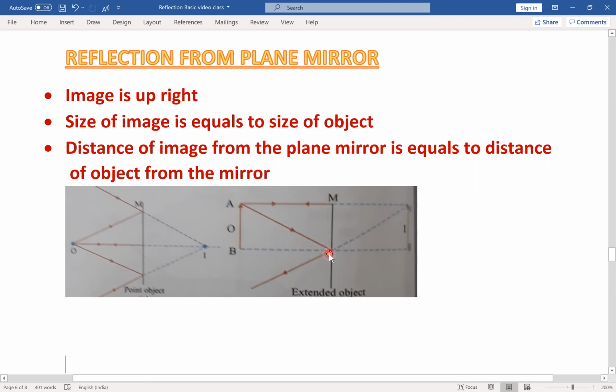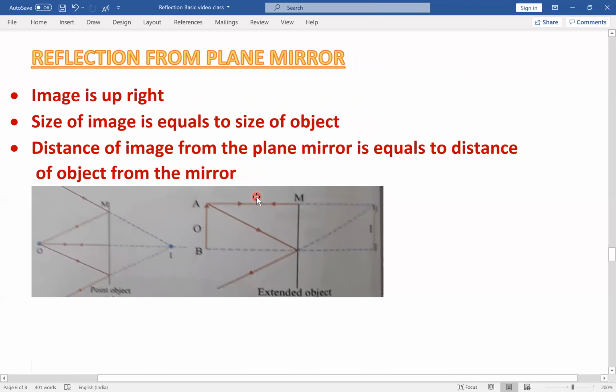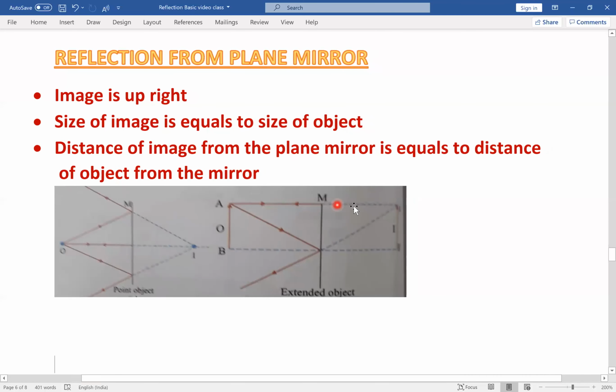Two light rays are considered here. One is from the head, incident normally on the mirror, and reflected back. If you extend that, this is the blue dotted line. It will continue like this. Another light ray falls at a certain point.